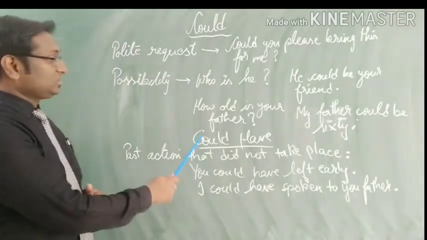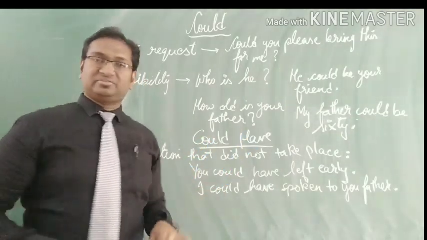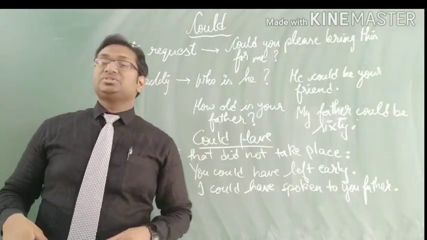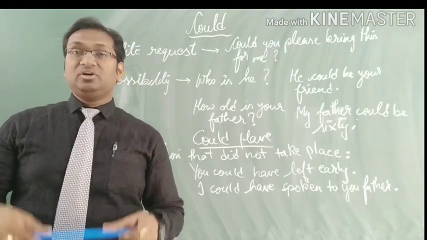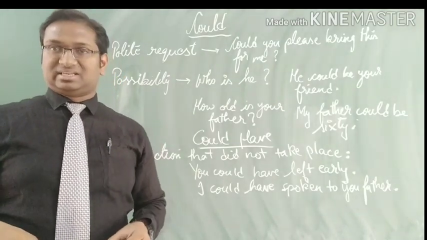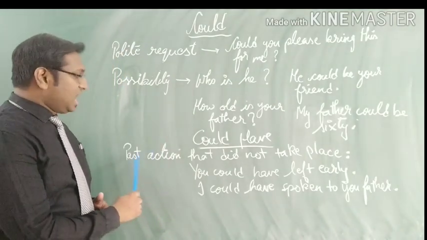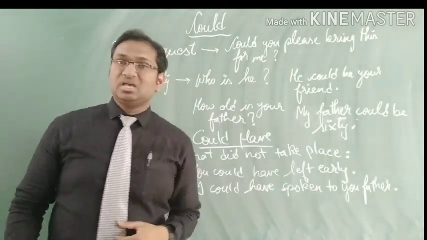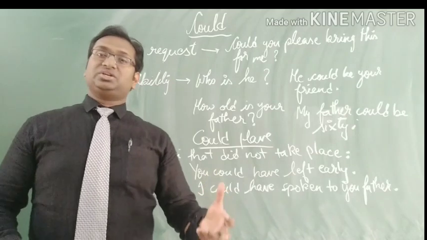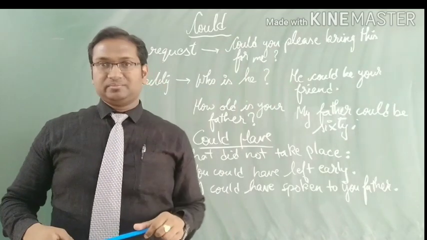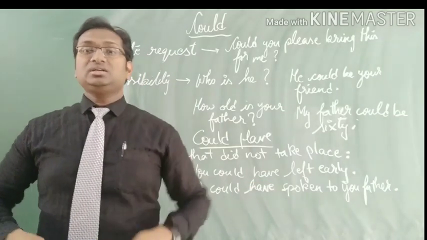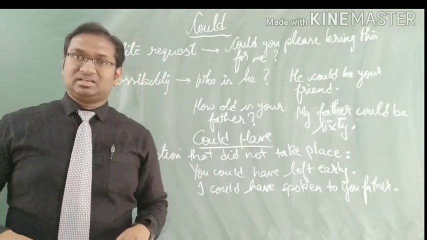Next, could have. Now, could have, I told you, we are going to use have, could have for perfect sentences. Now, past action that did not take place means action that denotes last in the past but did not take place.